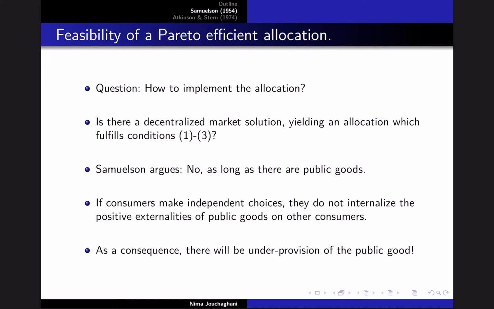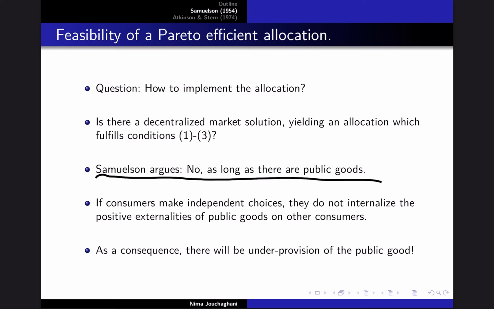And Samuelson is arguing that a decentralized market solution cannot fulfill all three conditions as long as there are public goods. In particular, what will be violated is condition 2, the Samuelson condition.